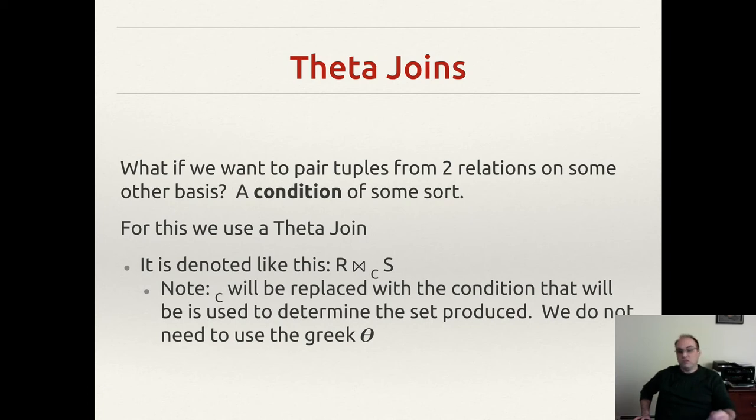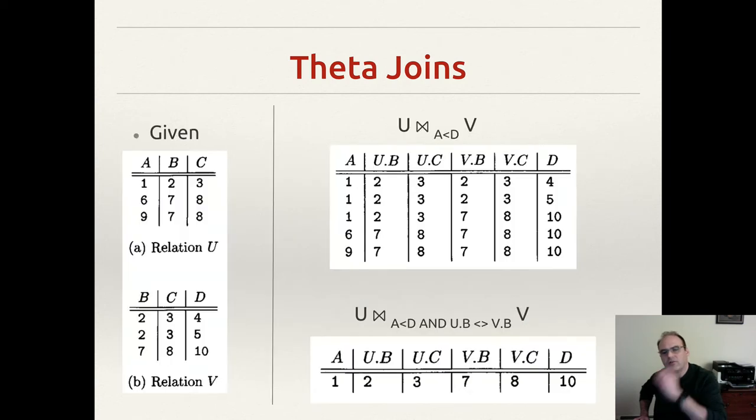Now that condition, just like we did before, we're going to have replaced with the actual condition that we use. Usually the condition is denoted with theta, but I just want to point out that we don't actually use theta in these, and neither does the book. So I'm just being thorough. But this is what you're actually going to see.